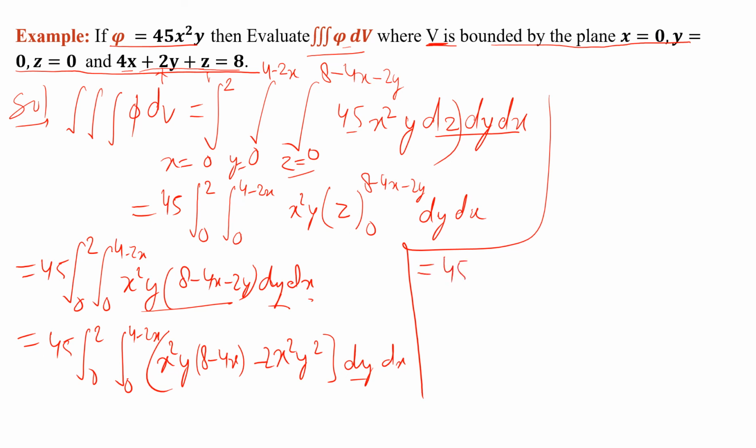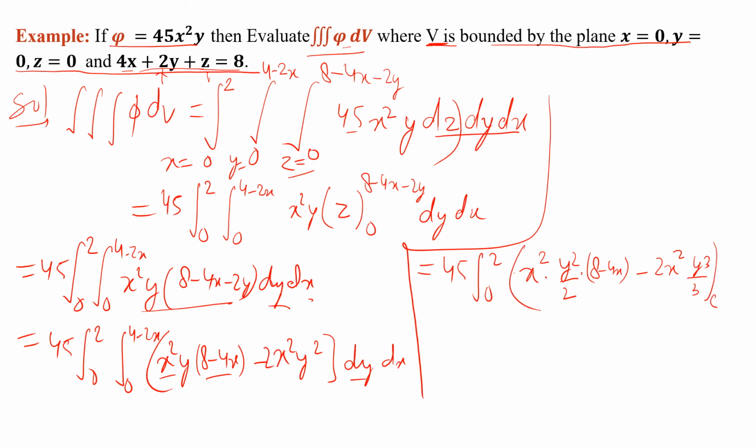Now take the integration with respect to y and apply the limit. We get 45 integration 0 to 2, and the integral value is x²y²/2 into (8 minus 4x), that's some constant term, minus 2x²y³/3.